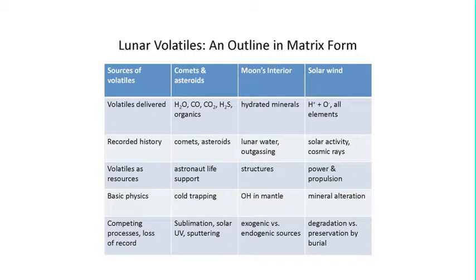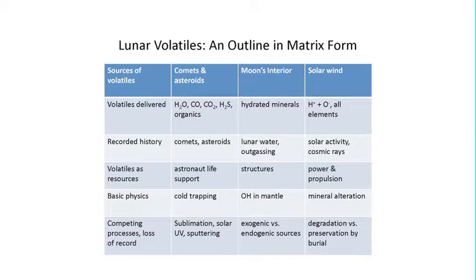When a comet or asteroid hits the moon, it doesn't necessarily land in one of these cold traps, so you've got to get the volatiles there, and there's a gauntlet that the volatiles have to run. I was going to talk about that as a separate subject.